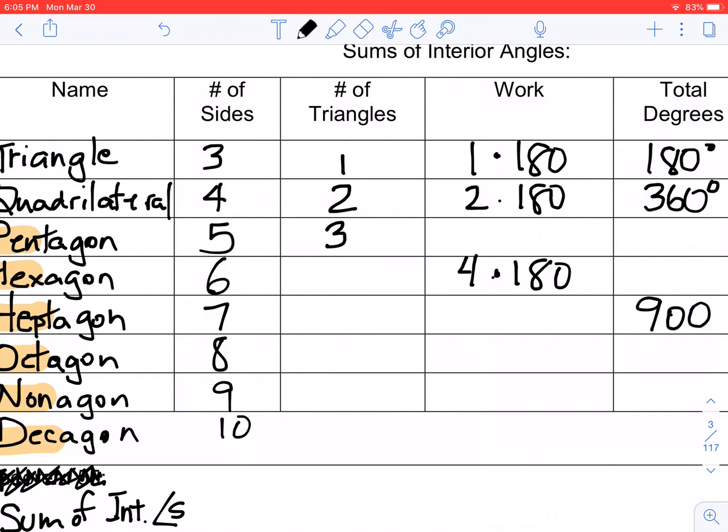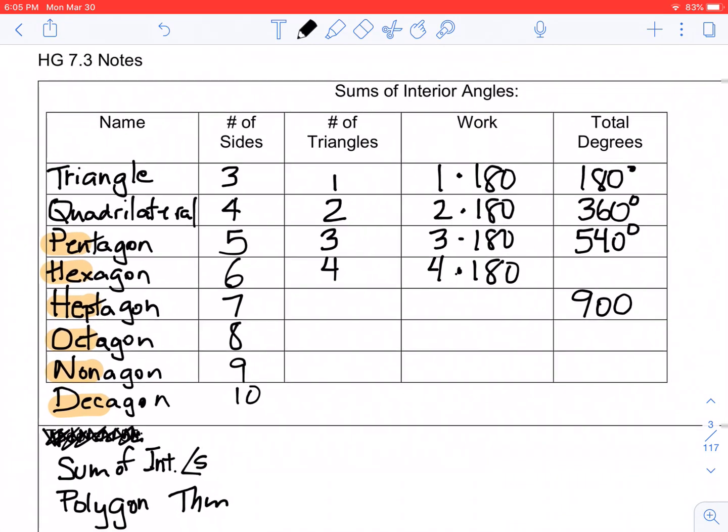Continuing the pattern, in a pentagon, there's three non-overlapping triangles, and times 180 would give us 540. And for the classic hexagon, the honeycomb, that would be 720. A heptagon has five triangles, and 5 times 180 is 900 degrees.